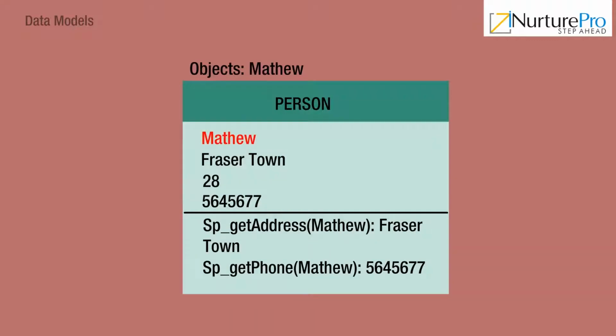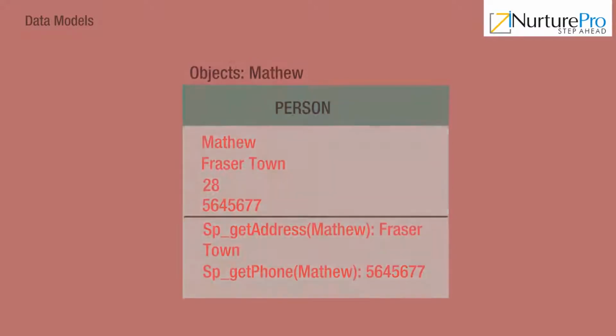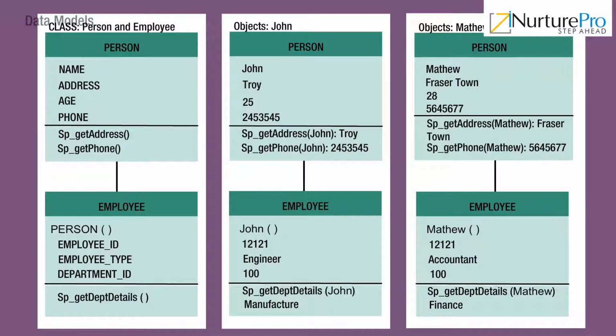Similarly, Matthew, Frasertown, 28, 5645677, sp_get_address of Matthew, sp_get_phone of Matthew forms another person object. Now, we will create another class called employee, which will inherit all the functionalities of the person class.